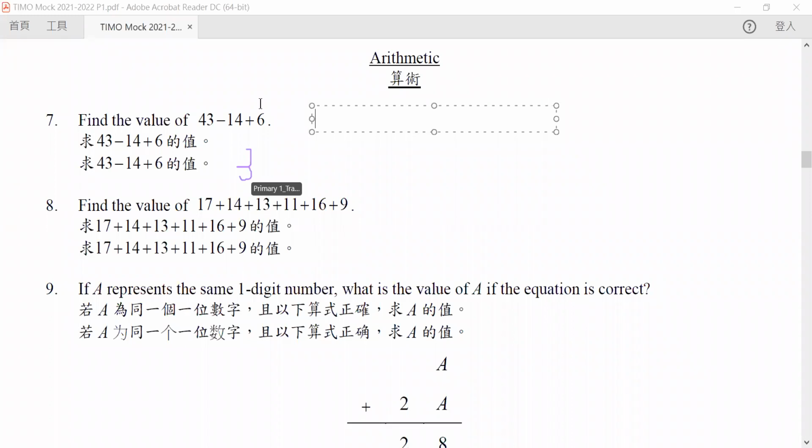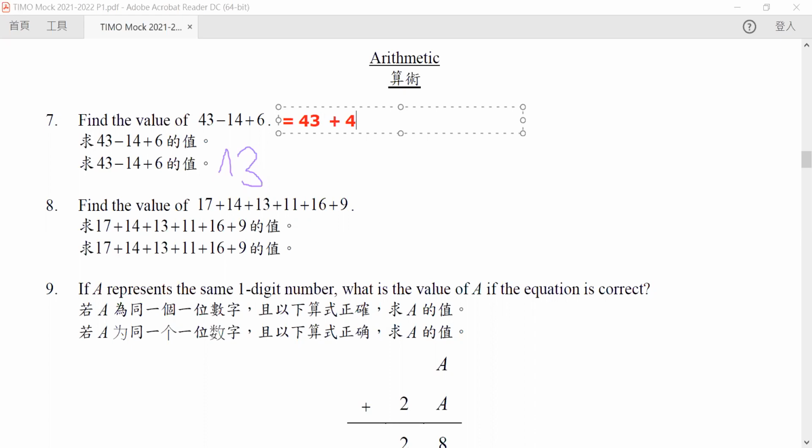Okay, so find the value of this number, 43 minus 14 plus 6. Now in here, I would like to just rearrange the numbers. Instead of 33 minus 14 first, because minus 14 will require you to carry down the number, because 3 is insufficient to subtract the 4 here.